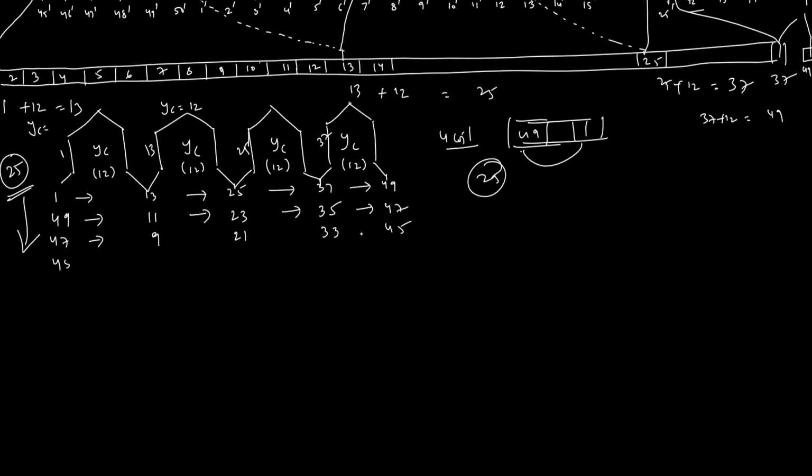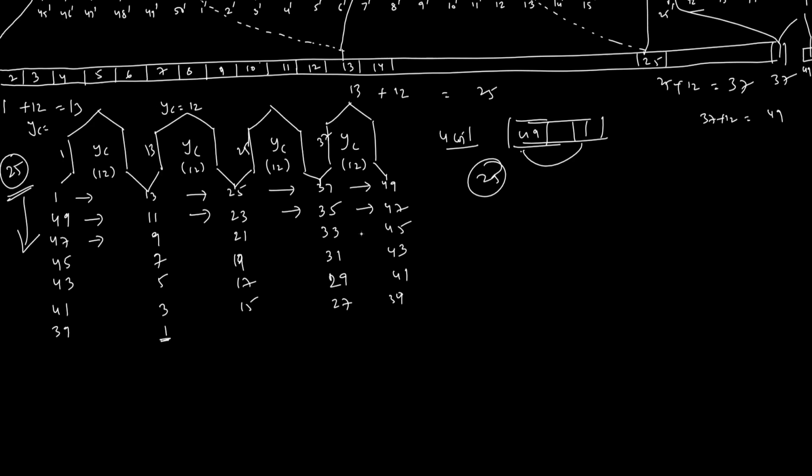Okay, so this is 45, 7, 19, 31, 43, 5, this is 17, 29, 41, then this is 3, 15, 27, 39. So 39, this is 1. Okay, this is 1.